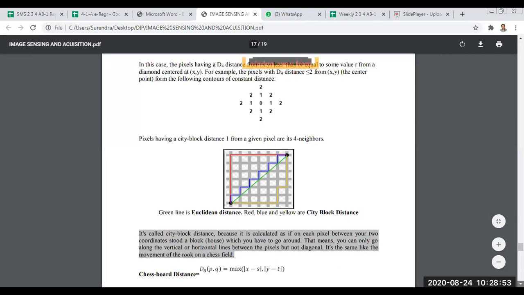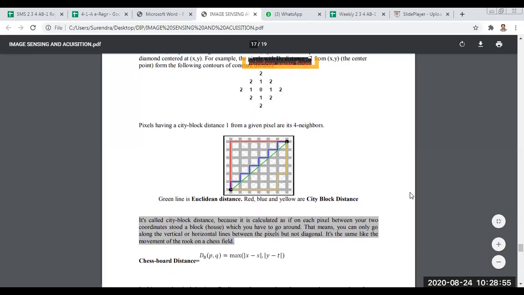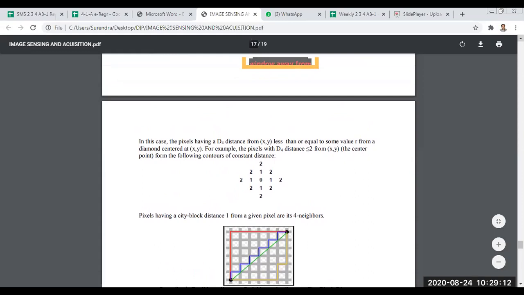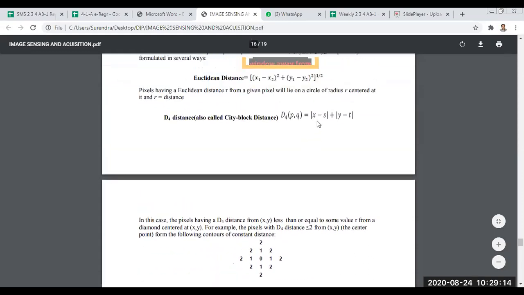And the previous one is D4. Likewise, what about D8? The D8 distance between P and Q is measured with the max of modulus of x minus s comma modulus of y minus t. In D4, the formula is modulus of x minus s plus modulus of y minus t.